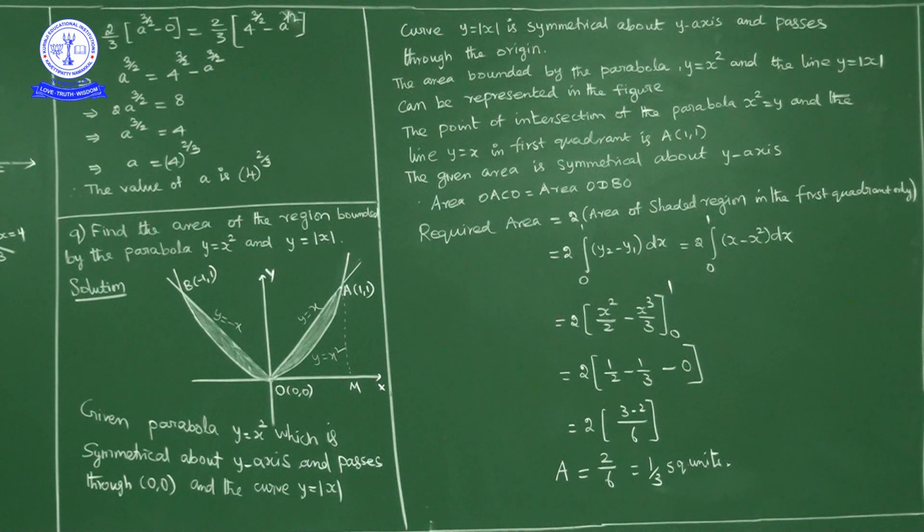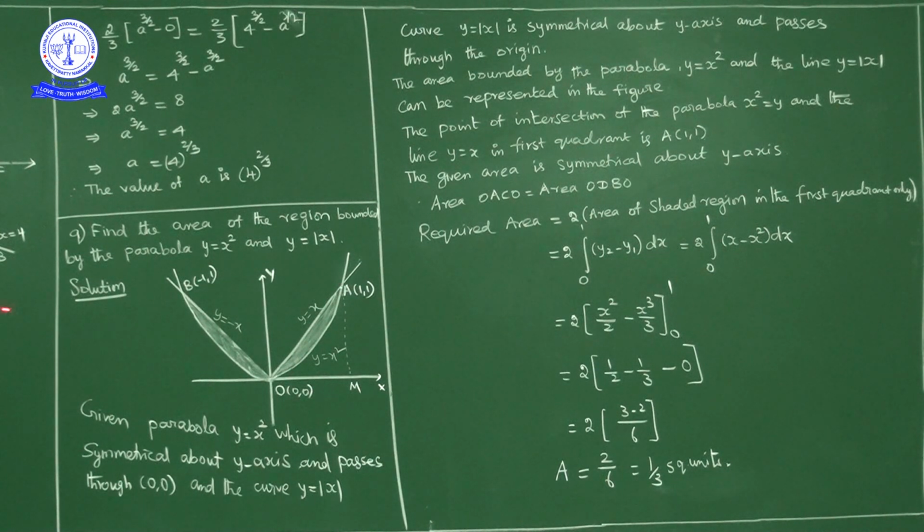So x common, x into x minus 1 is equal to 0. So x is equal to 0 and x is equal to 1. So both intersect at 0 comma 0 and 1 comma 1. In first quadrant both are intersecting at 0 comma 0 and 1 comma 1.